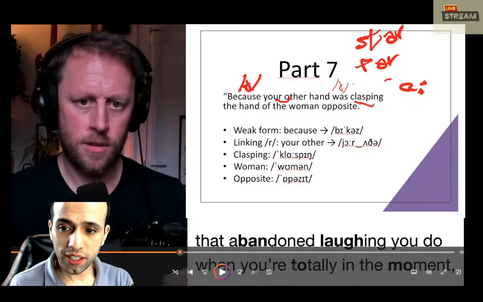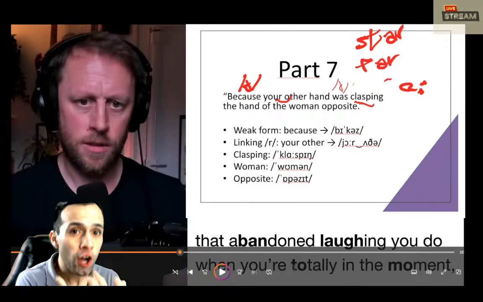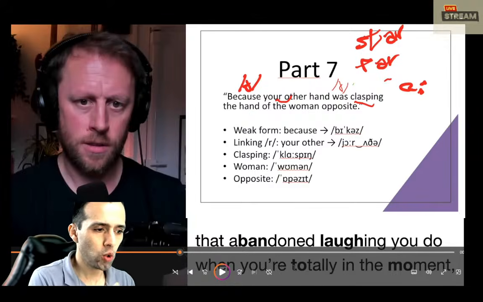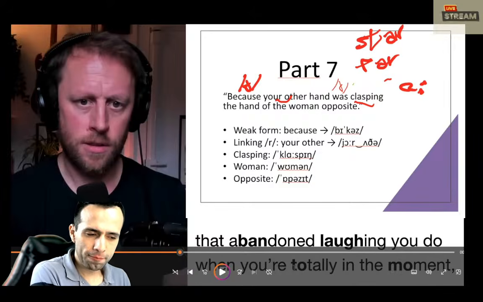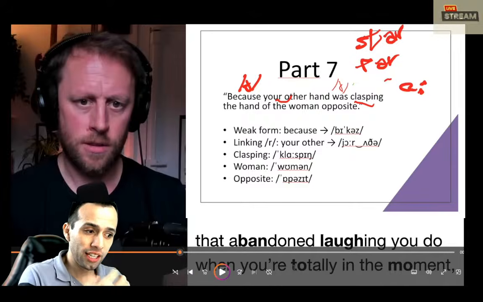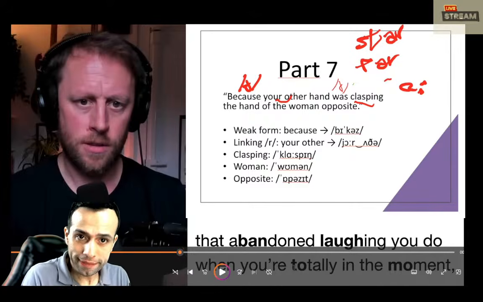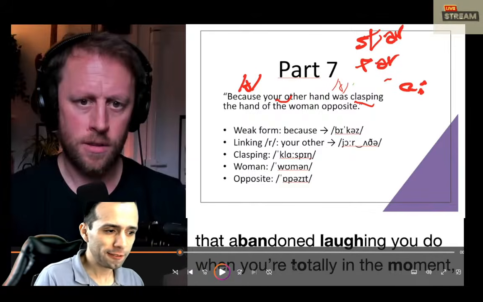The verb clasp, which means to hold something firmly. All this means that the other man's hand was holding the hand of this woman firmly. Okay?